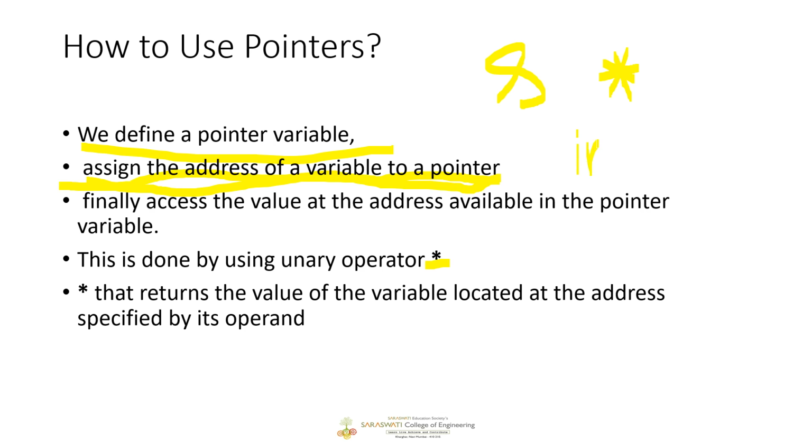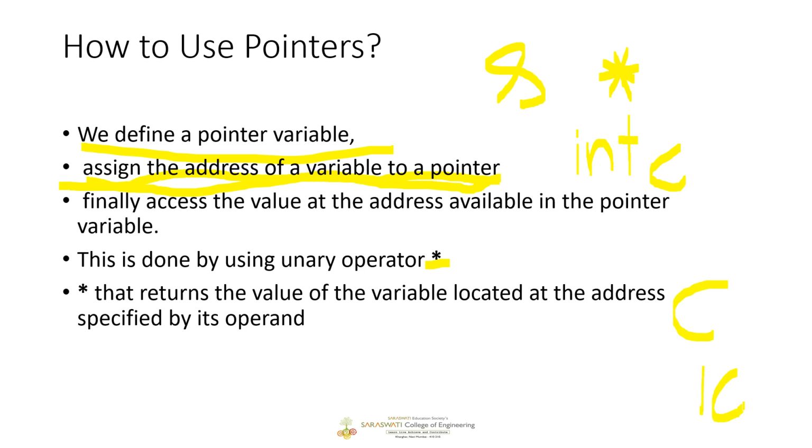Let's say I have written int c. c is a variable whose data type is integer. Now this variable will have some memory location. This variable c will have some memory address.